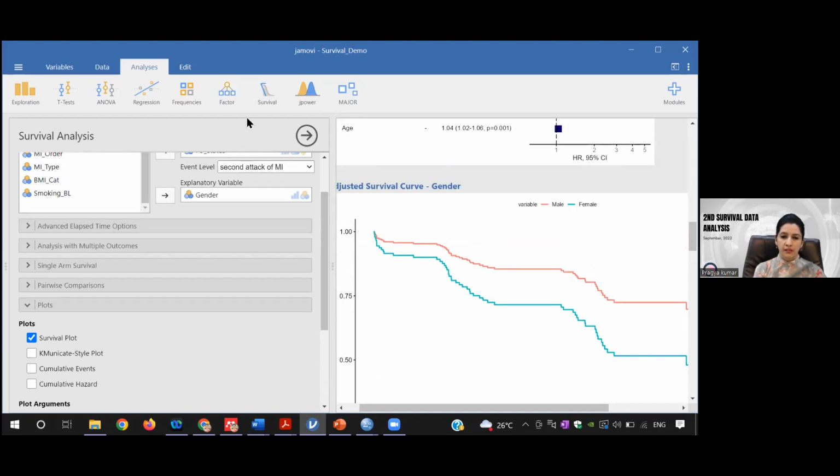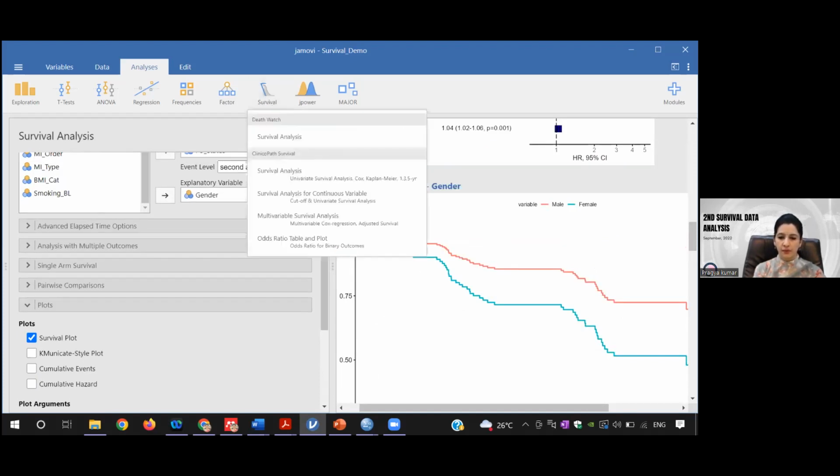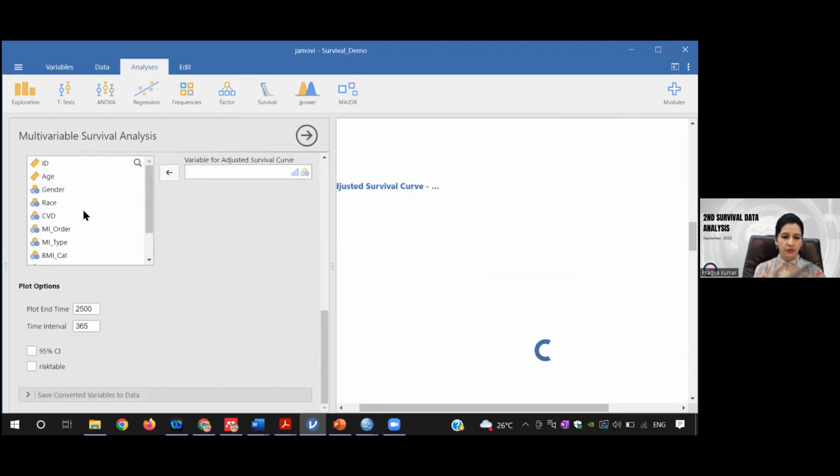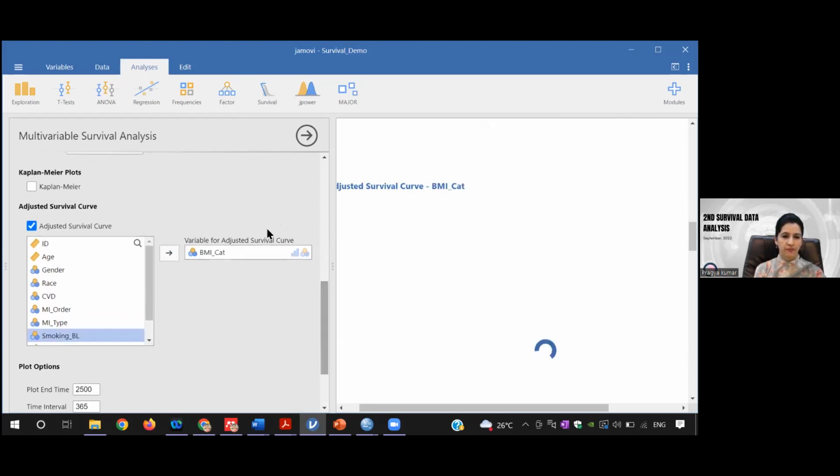So again, if you want to have a survival plot, I will go back to this operation instead of gender. If you want to have this with the BMI category, you can click this. You can click this Kaplan-Meier also.